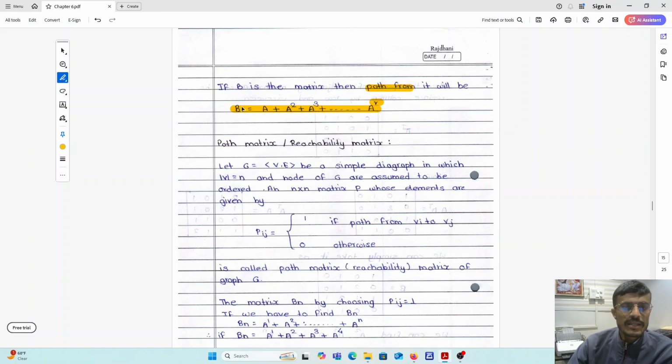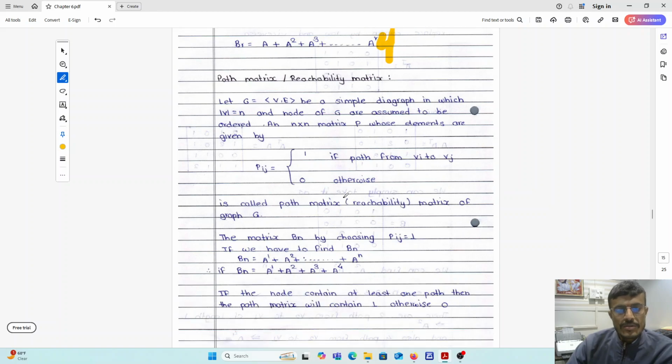This r is nothing but the number of vertices. Previously we have seen 4 vertices were there, so this equation will be A1, A2, A3 and up to A4. So you can see here Bn is equal to A1, A2, A3, A4.